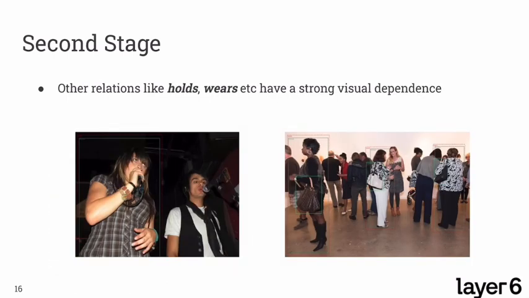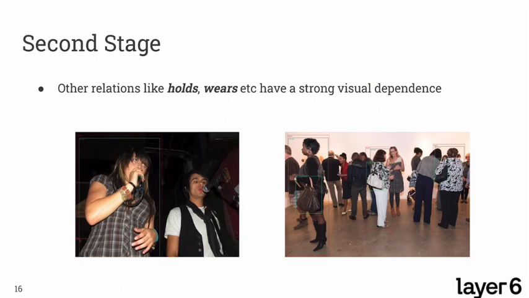On the other hand, other relationships like holds and wears do not have such strong spatial signals. However, they need visual dependencies in order to make correct predictions. Take the left-hand side image as an example. This image has two microphones.